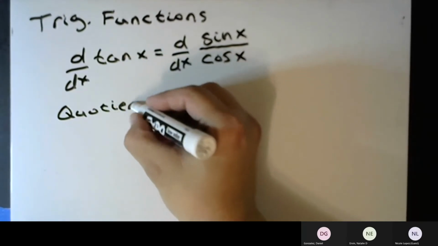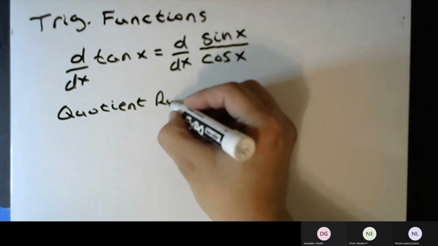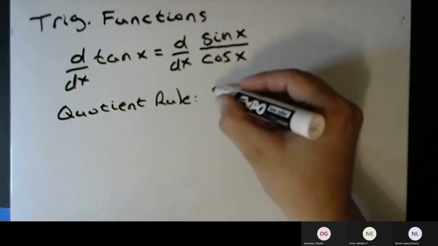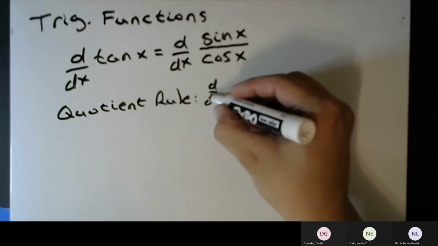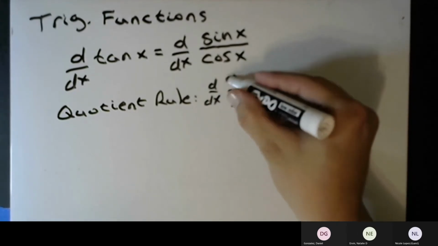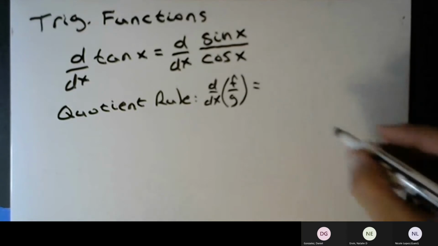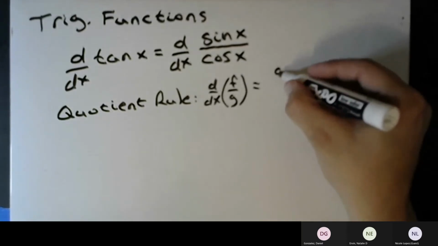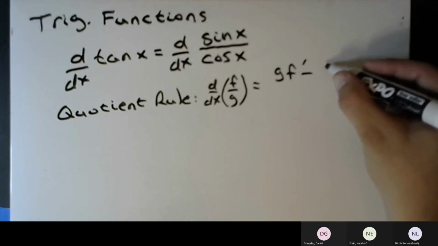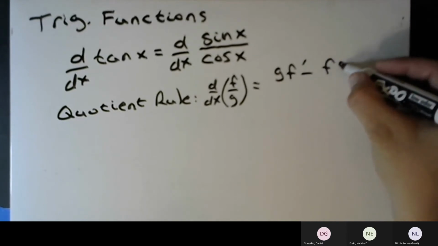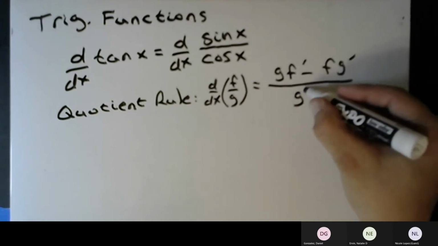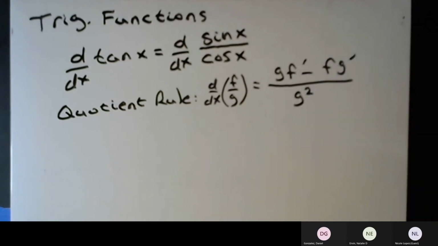So we'll bring this back. So d dx of f over g is g f prime minus f g prime over g squared.